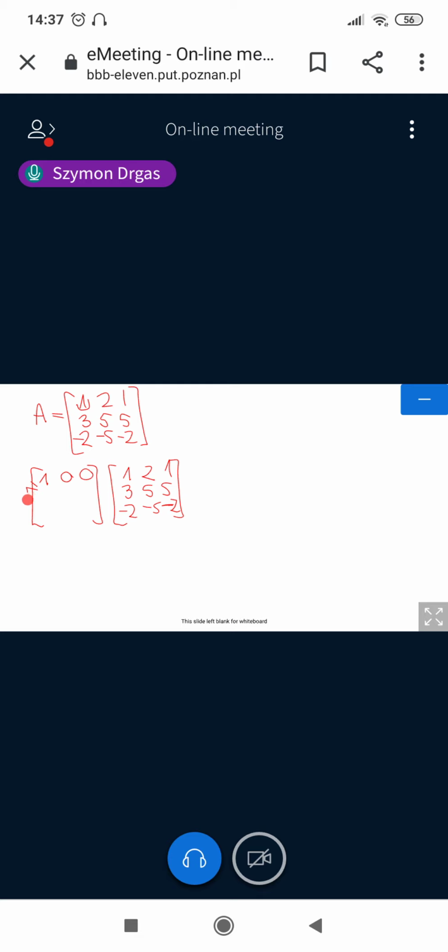Then in the second row, we will have the result of subtraction of row 1 multiplied by 3 from the second row. So what numbers should I write here in the second row? Can you write it in the chat?